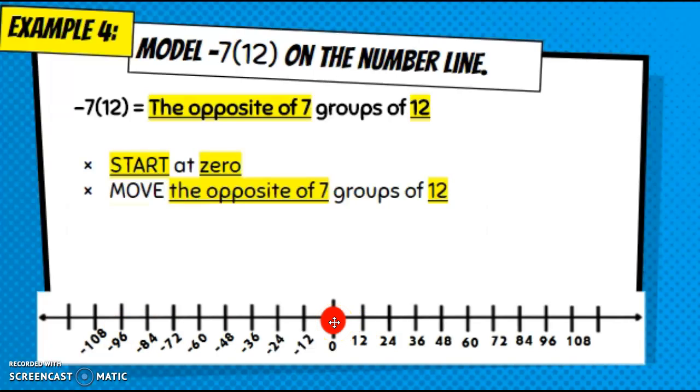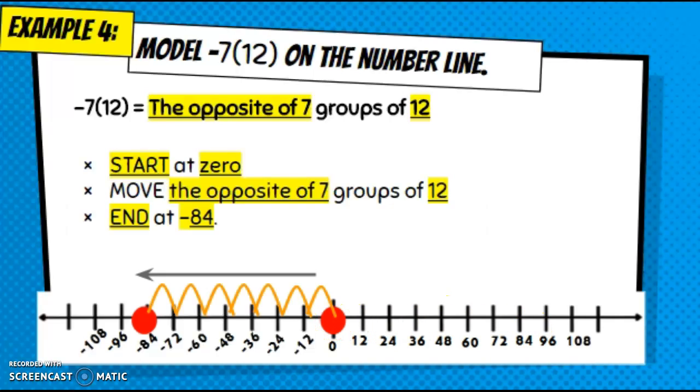And if I were just doing 7 groups of 12, I would count to the right. But I'm not doing that. I am moving the opposite of 7 groups of 12. If 7 groups of 12 goes to the right, the opposite of 7 groups of 12 goes to the left.